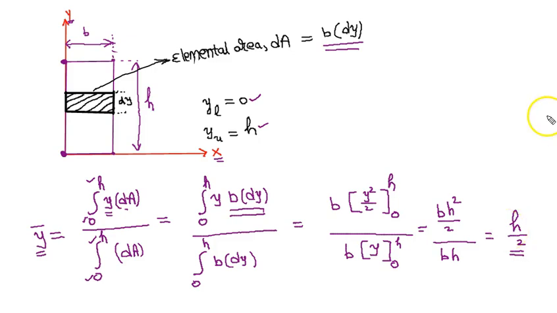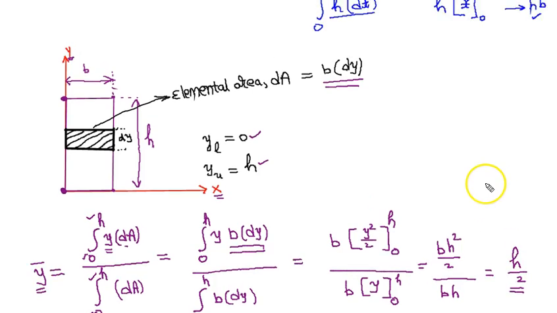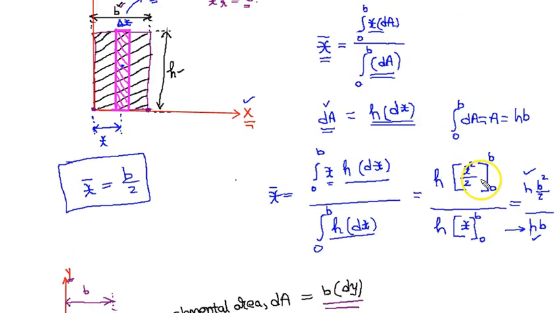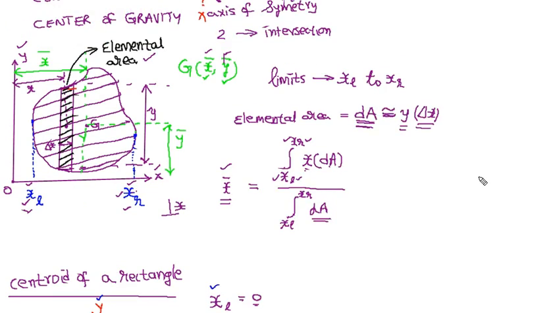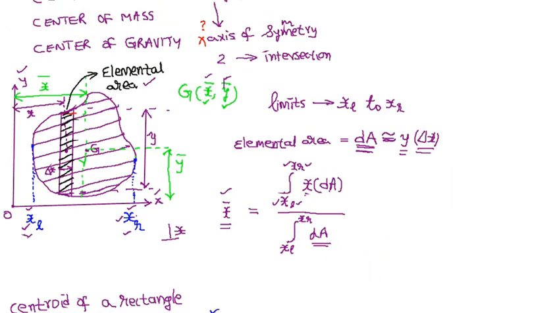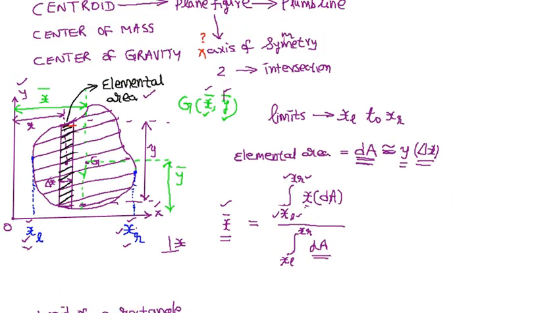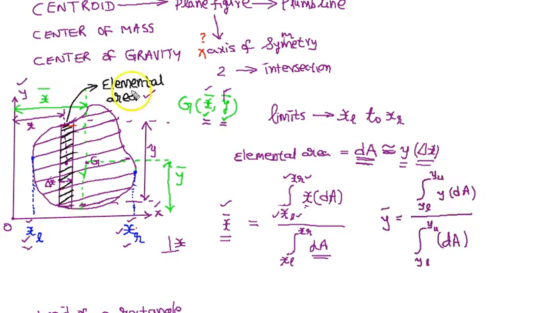So if you want to recall what we have seen so far, we will try to review. Given an area for which we want to locate the centroid, when we say we want to locate the centroid, we want to find out the value of x bar and y bar. The moment you say you want to find the x coordinate and y coordinate, you need to establish an x-axis and a y-axis along with an origin over here.